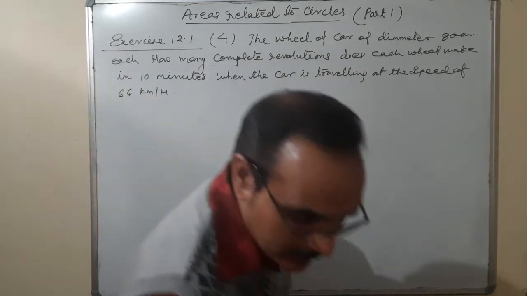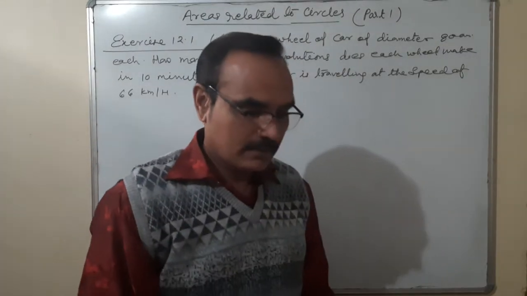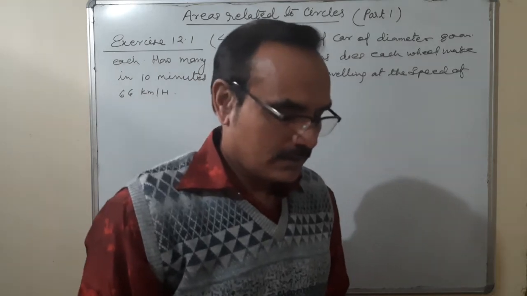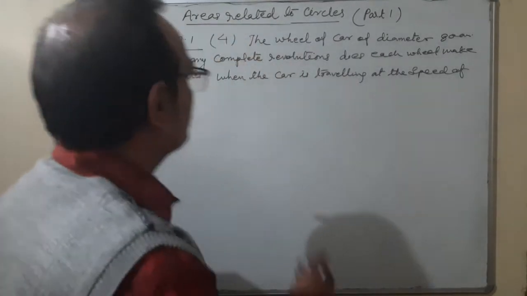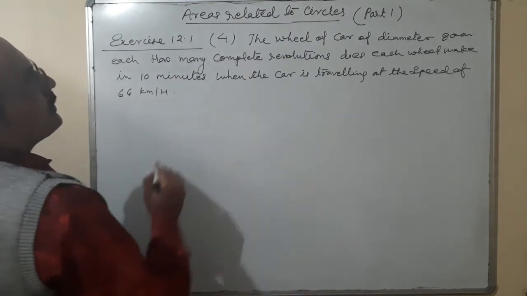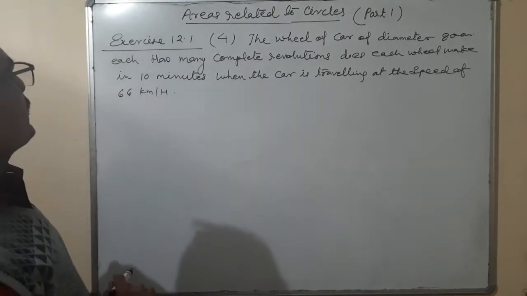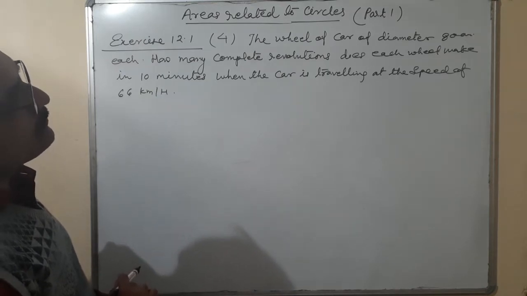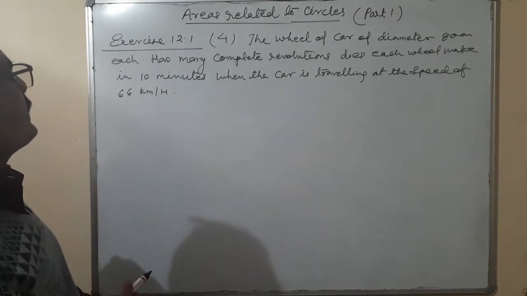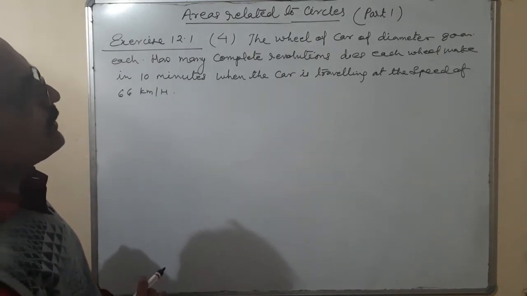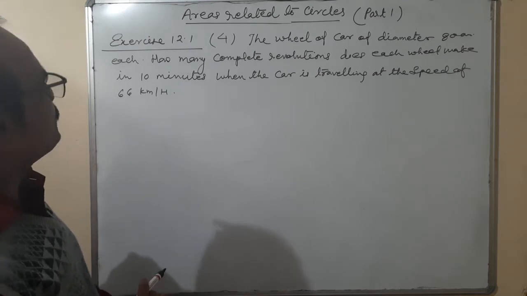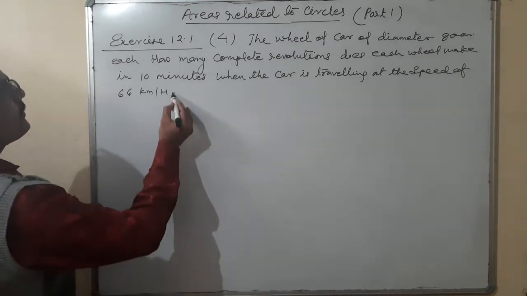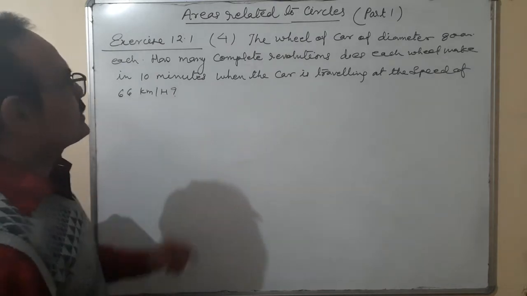So that is the question. Okay, 10 minutes, 66 km per hour. The wheel of the car has a diameter of 80 centimeter each. How many complete revolutions does each wheel make in 10 minutes when the car is traveling at the speed of 66 km per hour? So that is the question.